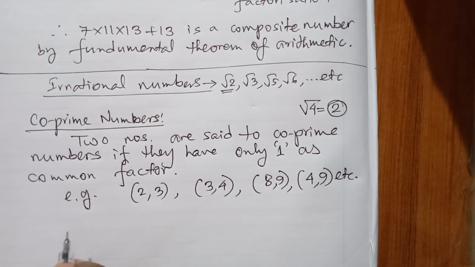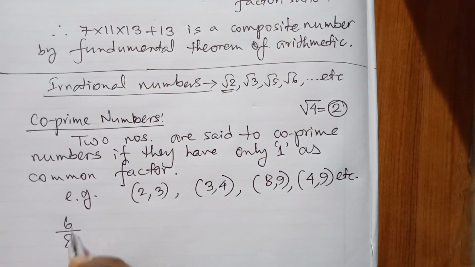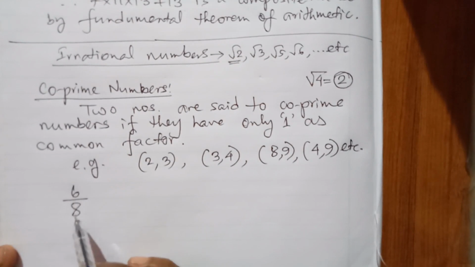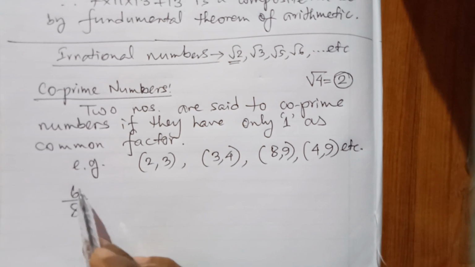Now see here, this is a rational number, 6 by 8. In this rational number, numerator and denominator, they are not co-prime numbers. But we can change this rational number and we can find both numerator and denominators as co-prime numbers. How? Just by cancellation.